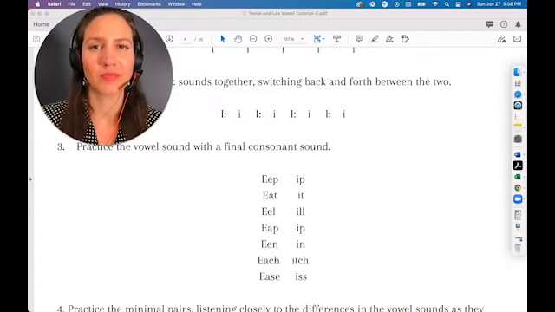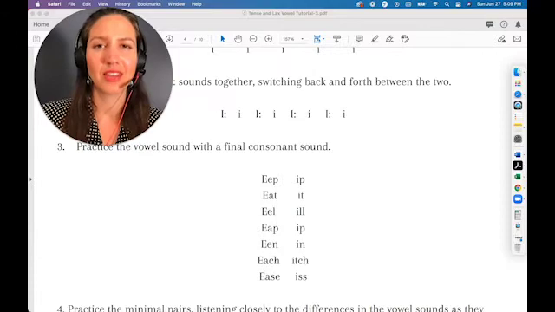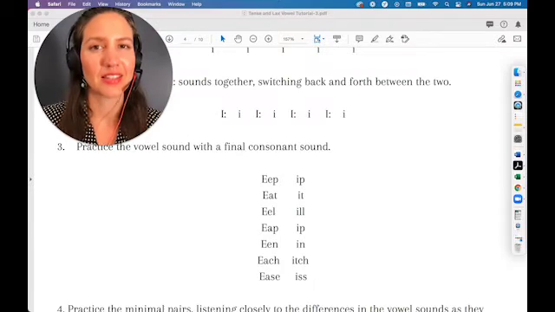Eep, ip, eat, it, eel, ill, eep, ip, een, in, each, itch, ease, is.